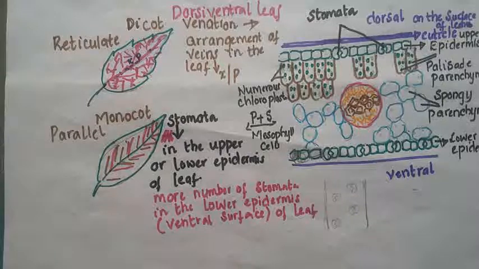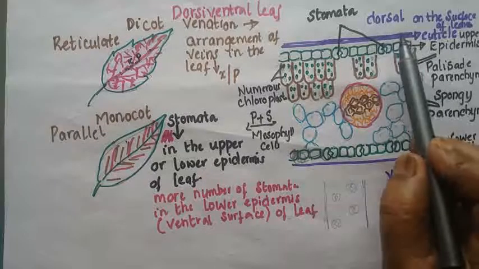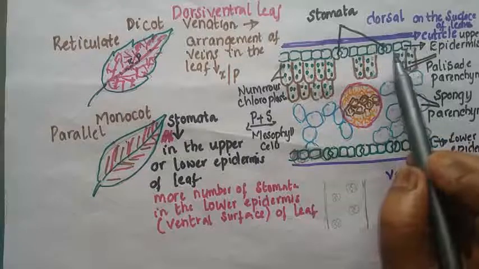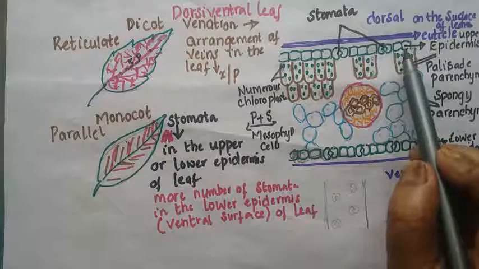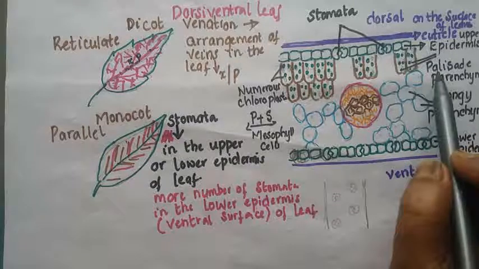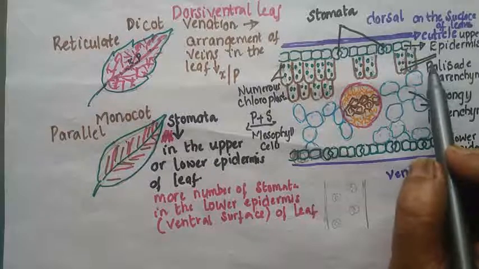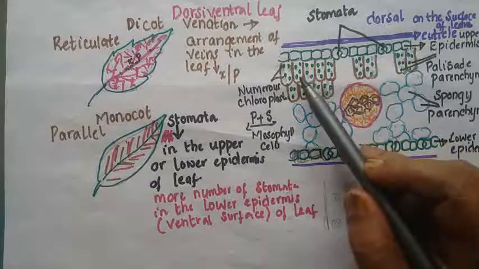Thus, the dicot leaf or dorsiventral leaf comprises all these structures, starting with the cuticle. Below the cuticle we find the upper epidermis followed by palisade parenchyma cells, which are compactly arranged, containing numerous chloroplasts to carry out photosynthesis.